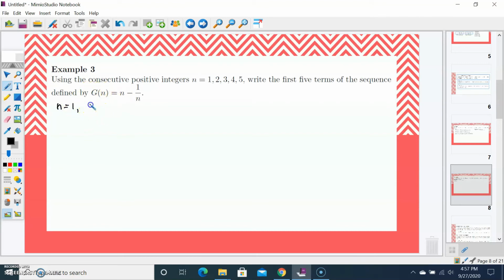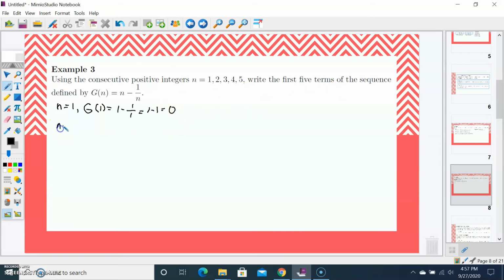Using the given function g of n, replacing n here by 1 will give us 1 minus 1 over 1, which is 1 over 1 is equal to 1. So 1 minus 1 will give us 0. So we already have the first term of our sequence, which is 0.